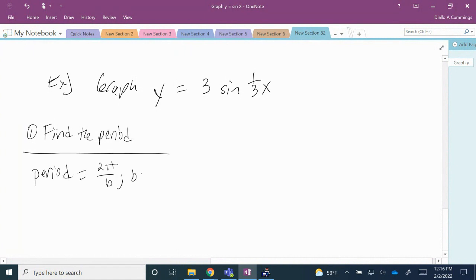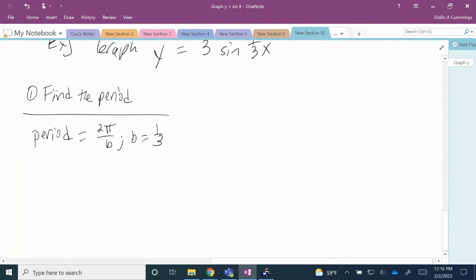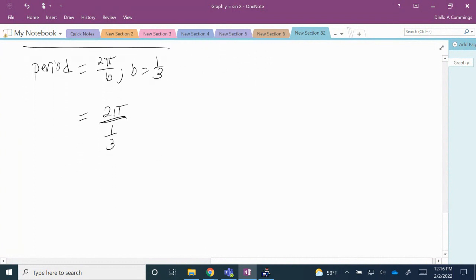In this case, b is 1/3, right? That's the coefficient of x. So we have 2 pi divided by 1/3, which is actually 6 pi.